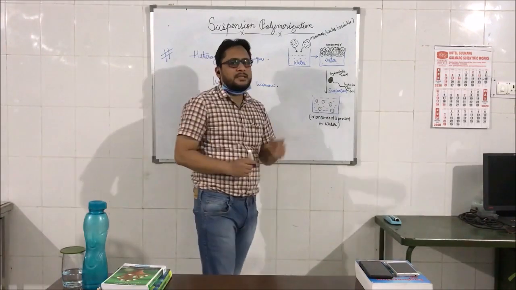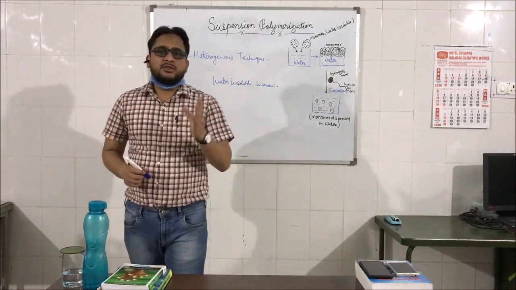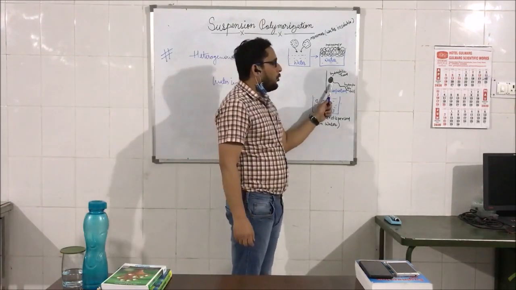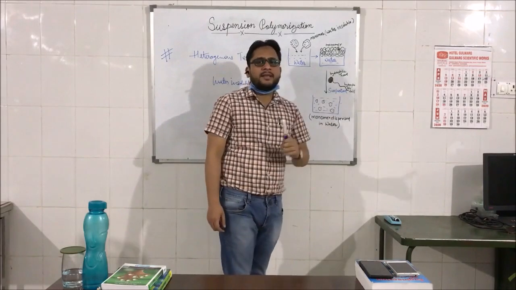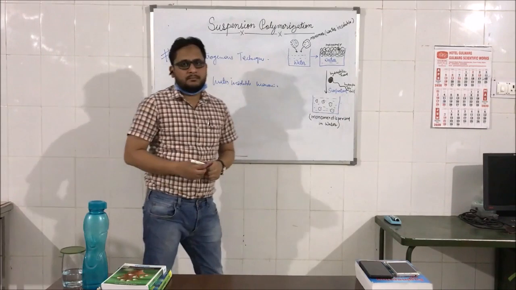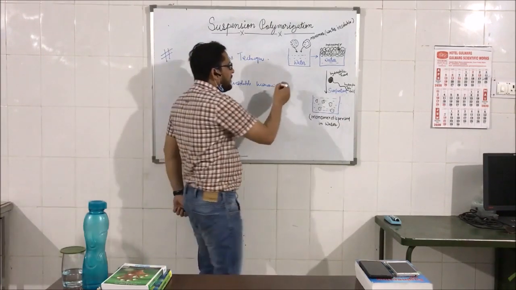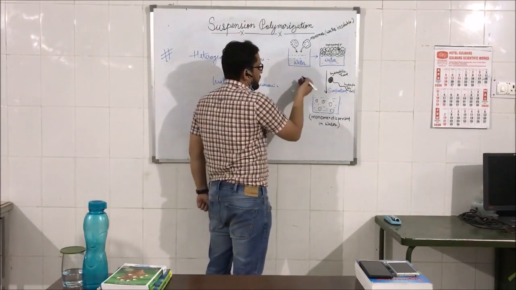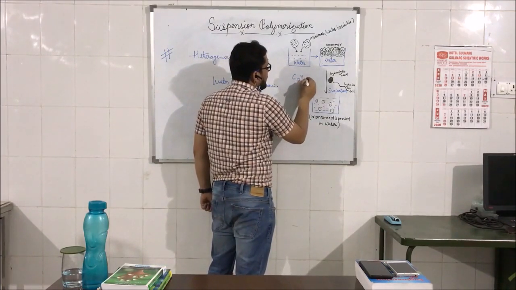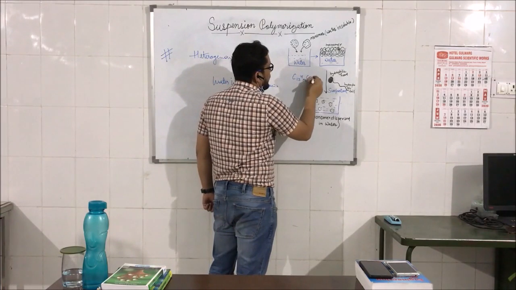So what are surfactants? Surfactants are long chain molecules that consist of a polar head, or you can say a hydrophilic head, and a non-polar or hydrophobic chain. It may be a salt of a higher fatty acid, for example C17H35COONa.